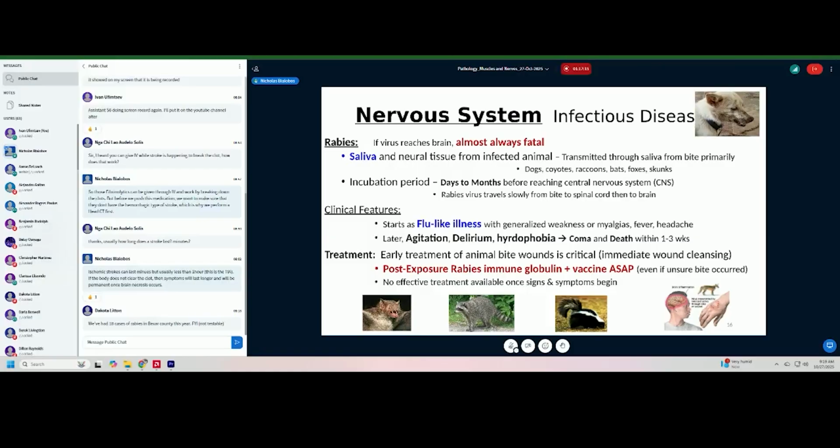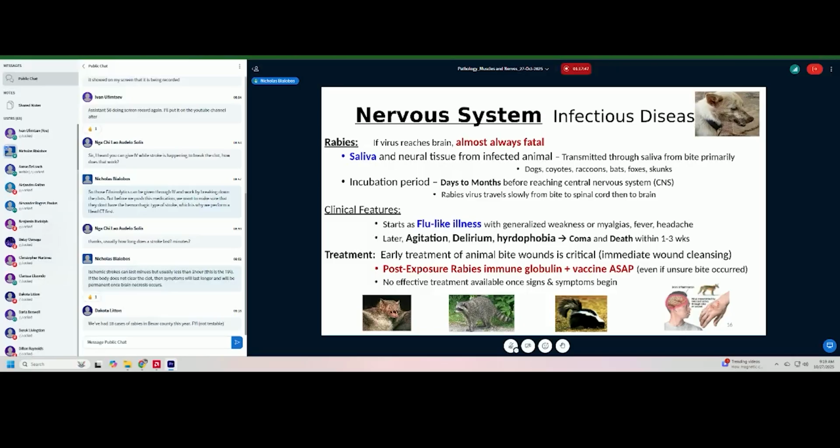So what happens here is that the infection goes to the brainstem, right? And it eventually makes its way up to the brain. The brainstem controls a number of our vital functions, but one of the things it controls is our ability to swallow. And so whenever somebody has rabies and you give them water, it causes a severe spasm of the muscles involved with swallowing, so when they're trying to drink, it's very, very painful.